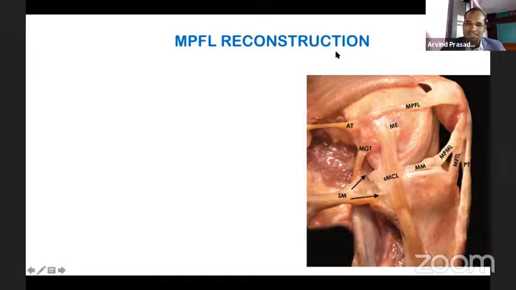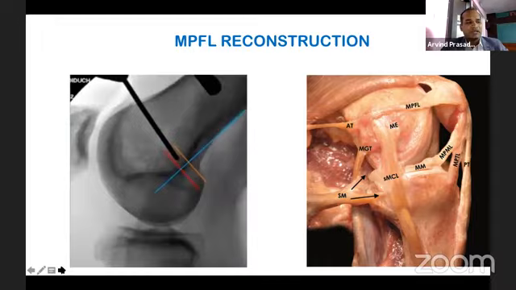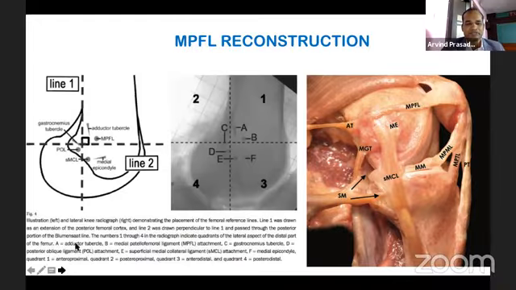So recently the teaching is that this surgery should be done in almost every case. The insertion over the femoral part is the key for isometry. So this is calculated on the C-arm, and this is the point where it should be done.